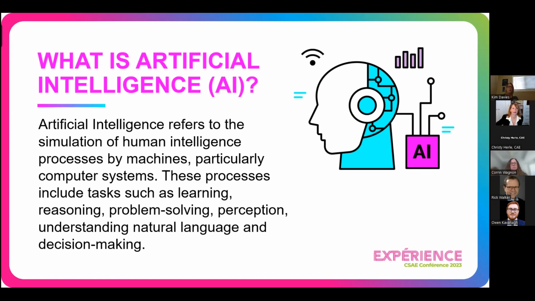Of course, ongoing advancements have continued, with AI advancing rapidly these last few years. These advanced processes over the last couple of years include AI tasks related to learning, reasoning, problem solving, perception, understanding natural language, and decision making.